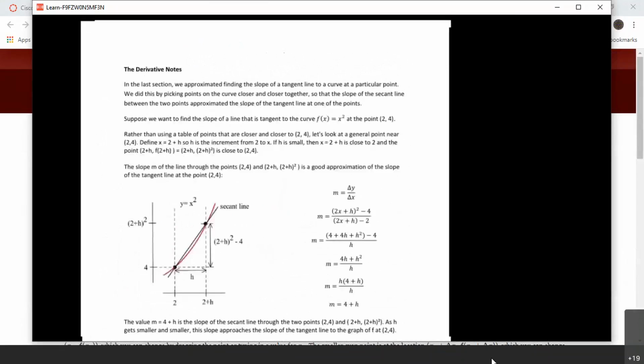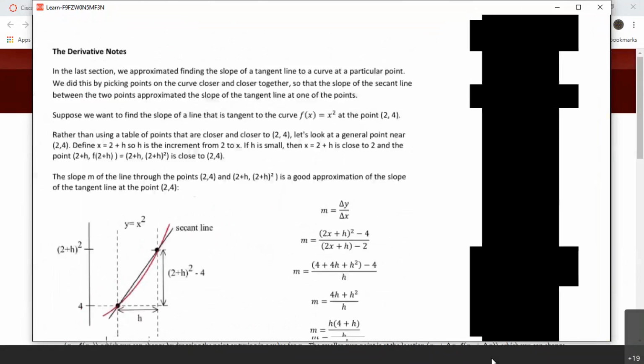And let me just share this content with you. Okay, so everybody should be able to see the derivative notes.